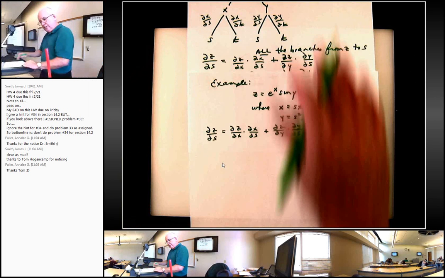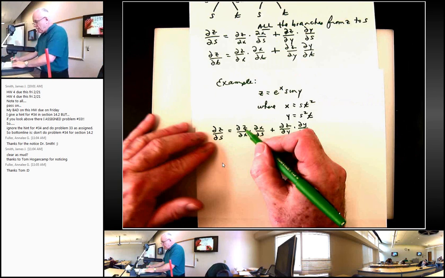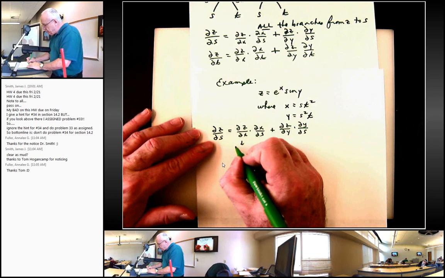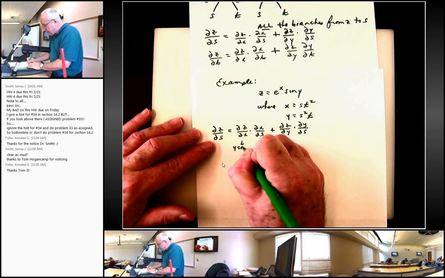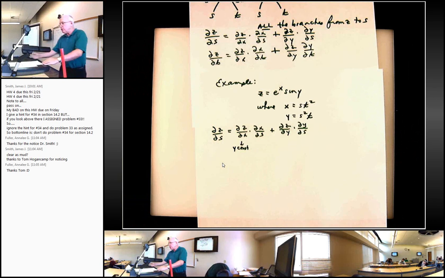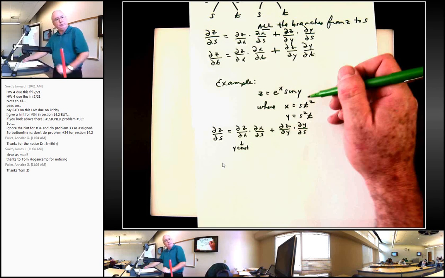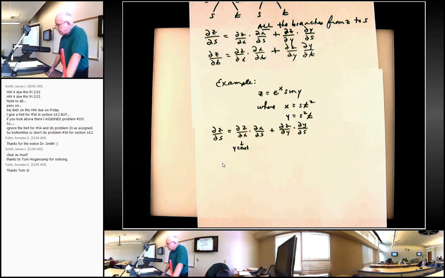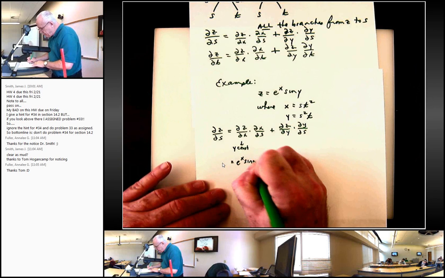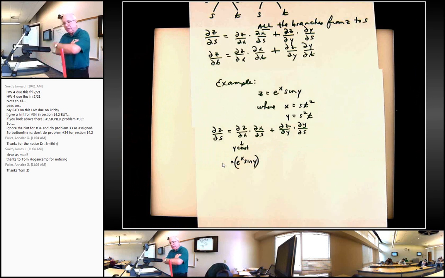Now let's get these individual things here. ∂z/∂x, we're going to treat y as a constant. So here's our z function. I'm just going to get e to the x sine y. Let me just put it in parentheses.